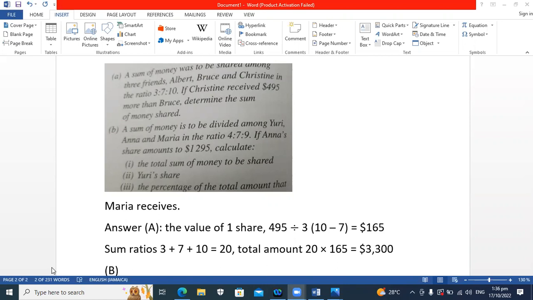So let me ask a question. Suppose in A the question is if Christine received 495, and take out the more than Bruce part, how would you find the value of one share?